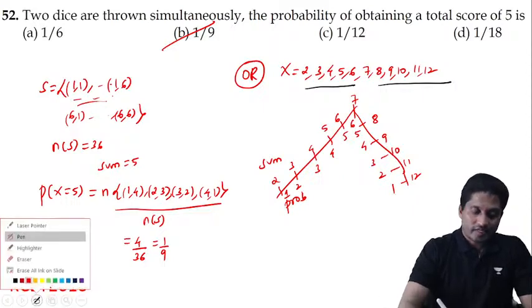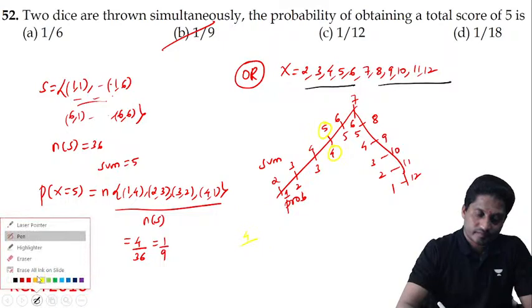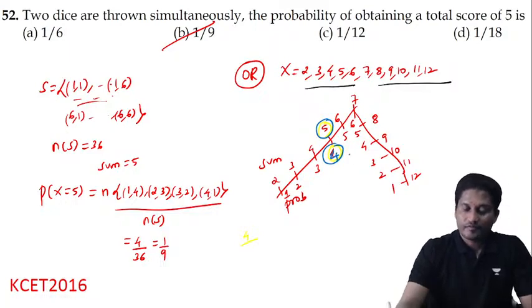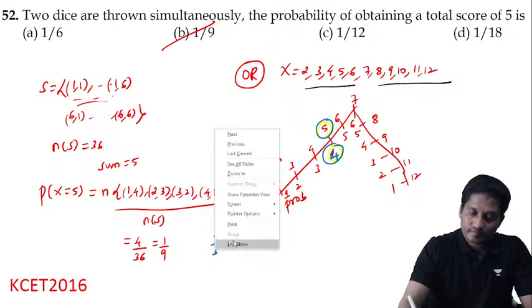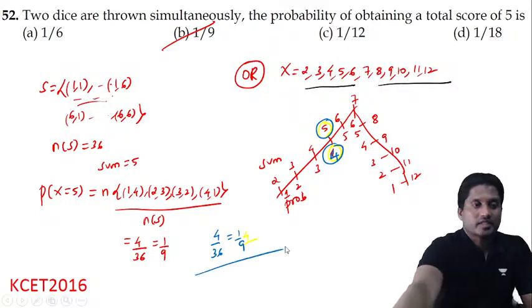Probability of getting sum 5 is 4 only, right? That's why this is 4 by 36, which is equal to 1 by 9. Let's move to the next question.